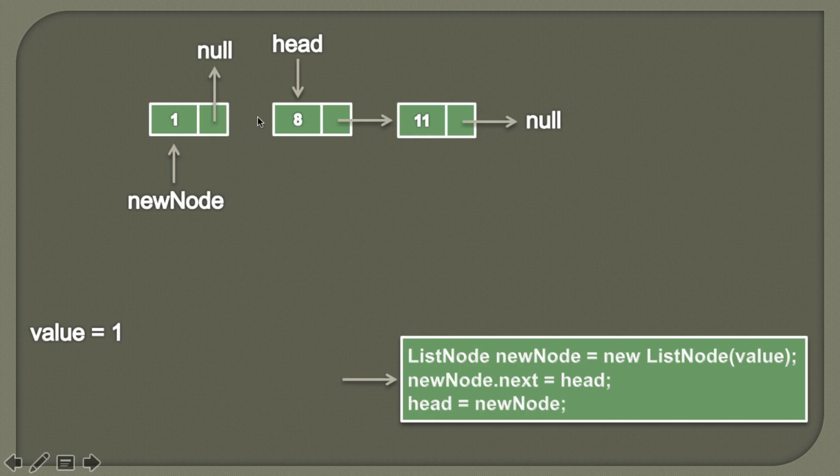So now new node next will point to the node having data as 8. Moving ahead, and as we have inserted this new node at the beginning of this singly linked list, we know that head should point to this node now. So we simply assign the value of new node, which is nothing but the node having data as 1, to head. So it would look something like this.